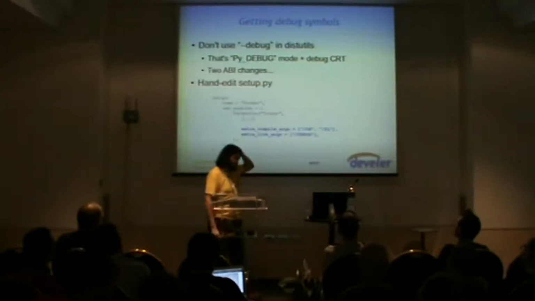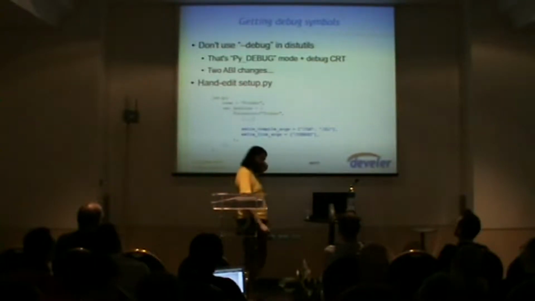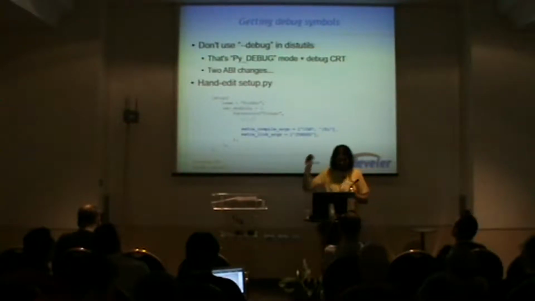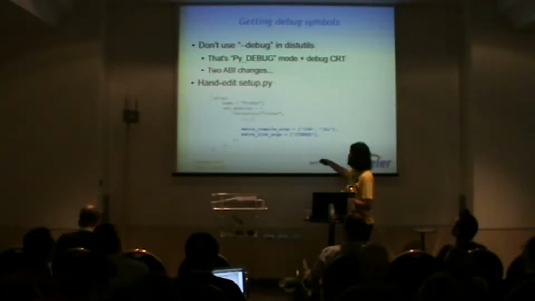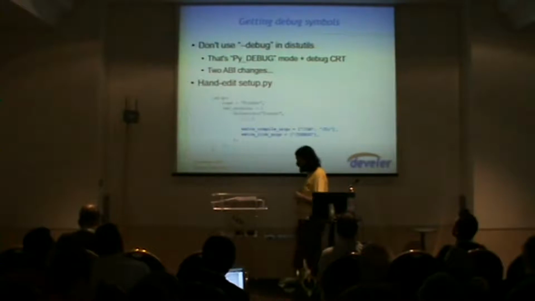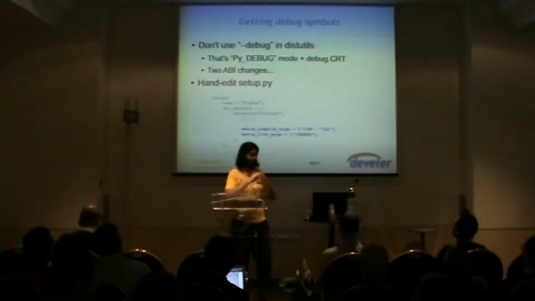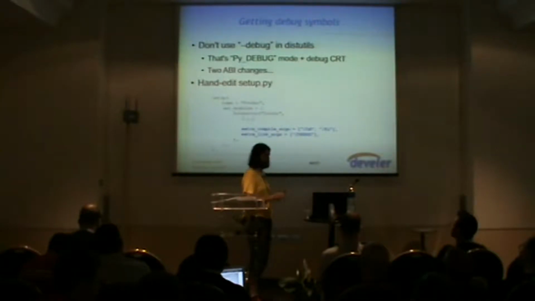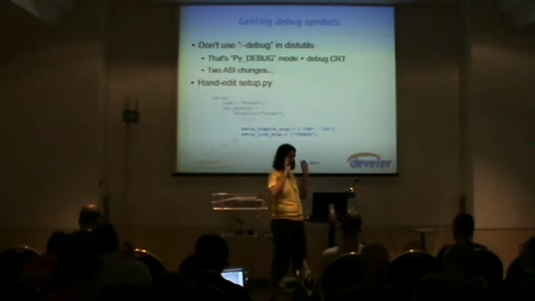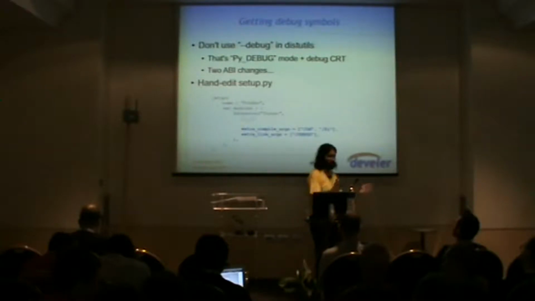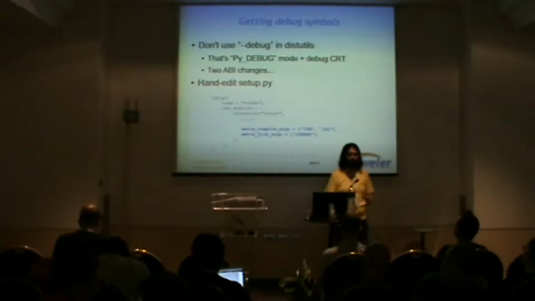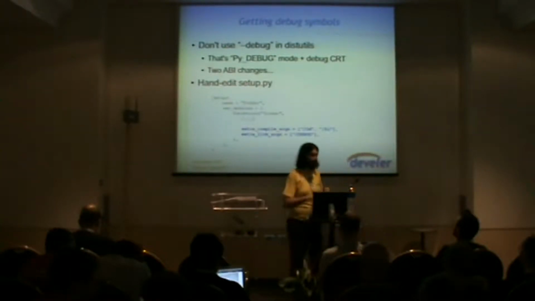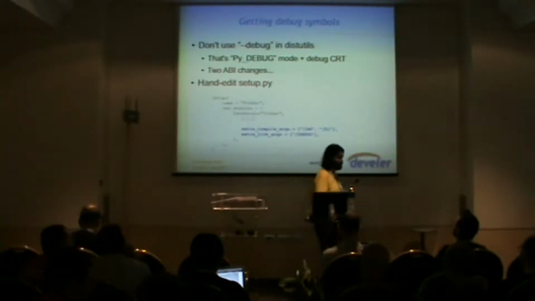GCC doesn't have this problem, but under Linux you can just specify the correct command line. In this way, you get your third-party extension compiled with debug symbols, but in a way that is fully compatible with the rest of your Python environment. You just have the debug symbols, which is what you probably wanted. And you can disable optimization, so your code is easier to inspect within a debugger, okay?